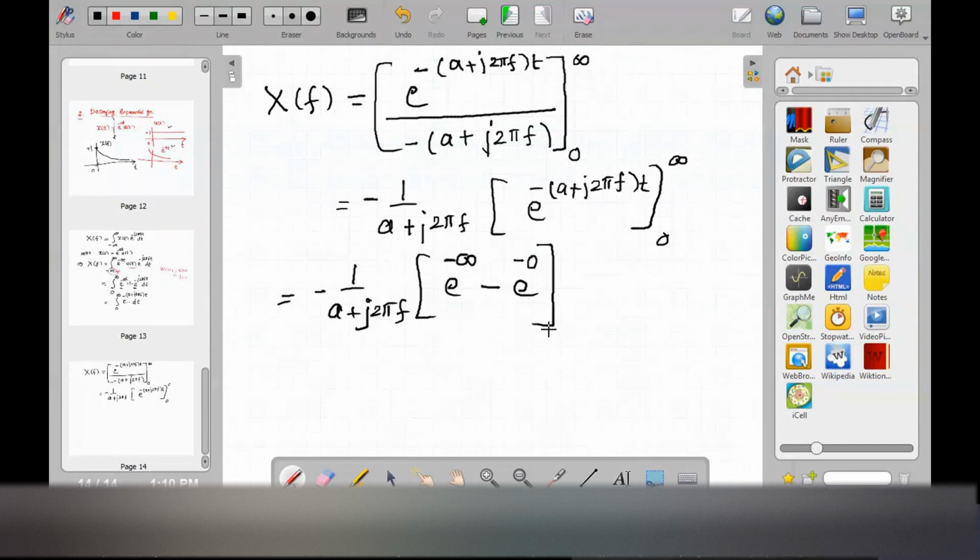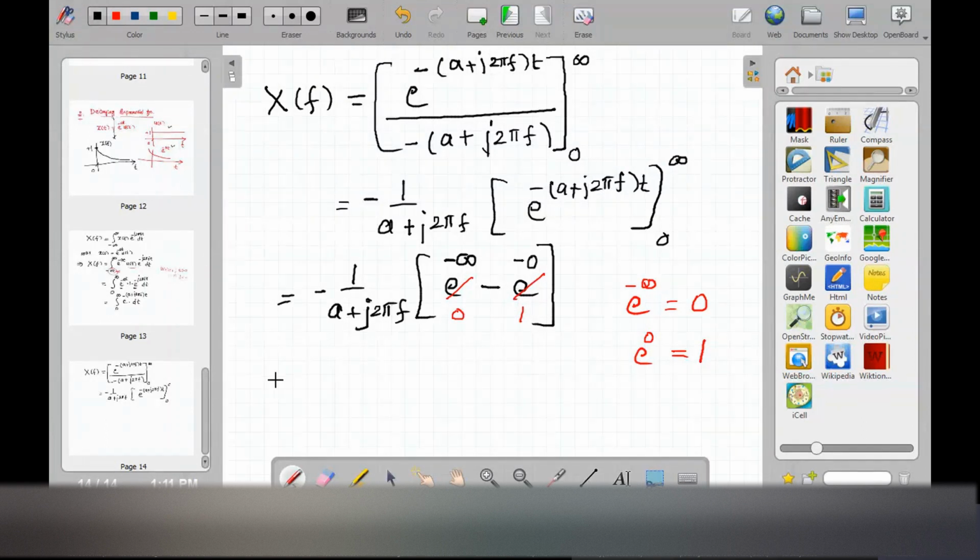Can anyone tell me the value of e to the power minus infinity? It is 0. Zero does not have any sign. And e to the power 0 is 1. So the upper limit will become 0 and the lower limit will become 1. 0 minus 1 is minus 1, and this minus 1 into minus is plus.